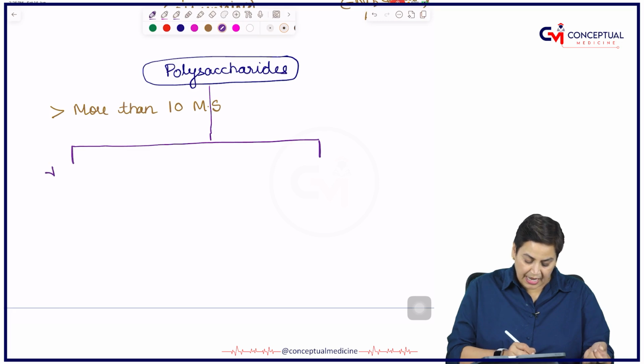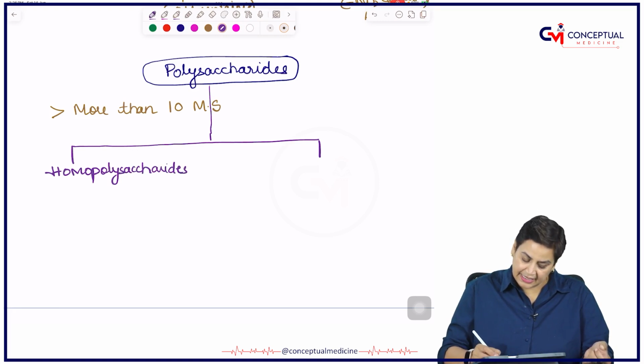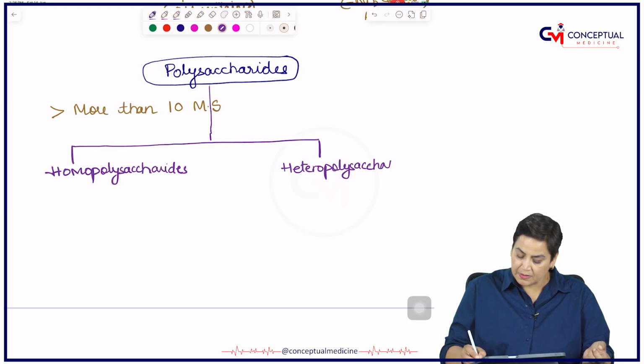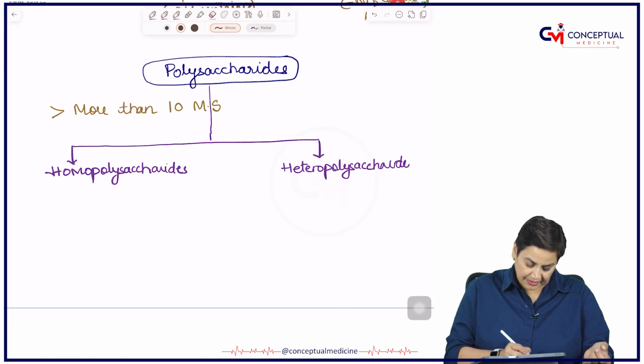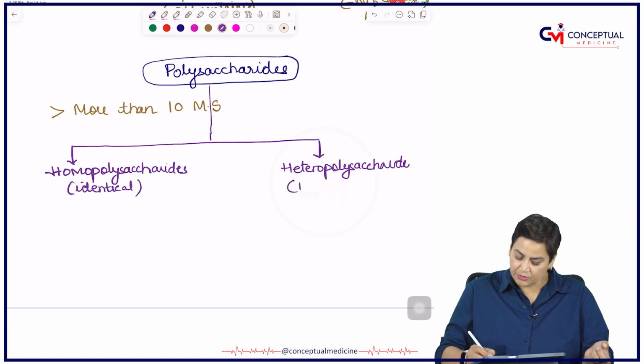One class is homopolysaccharides and the second is heteropolysaccharides. Now, homo means identical units, and hetero means non-identical units, right?